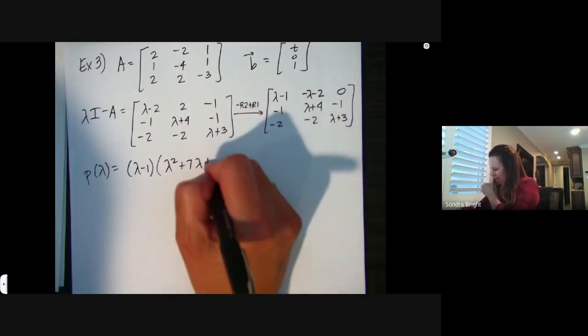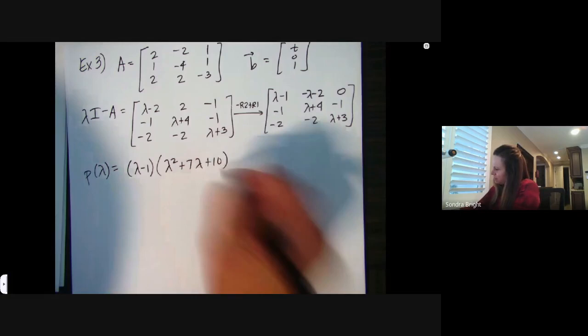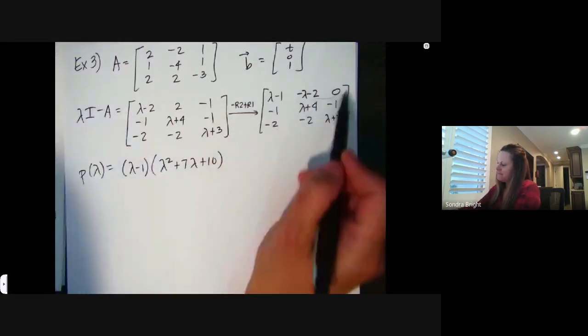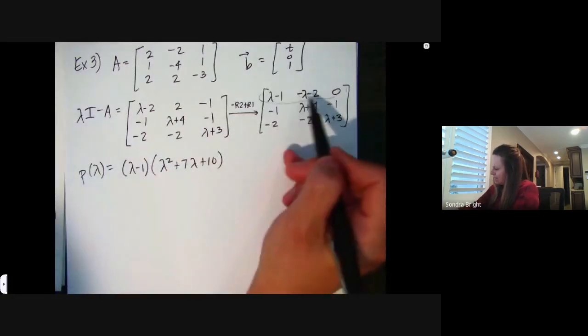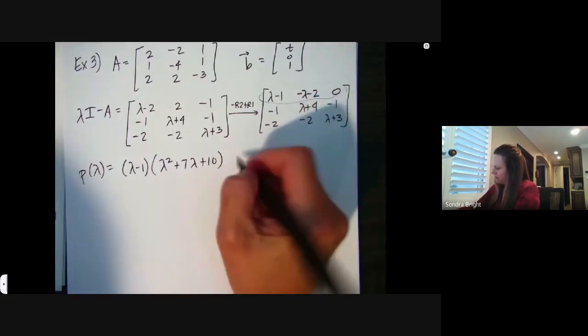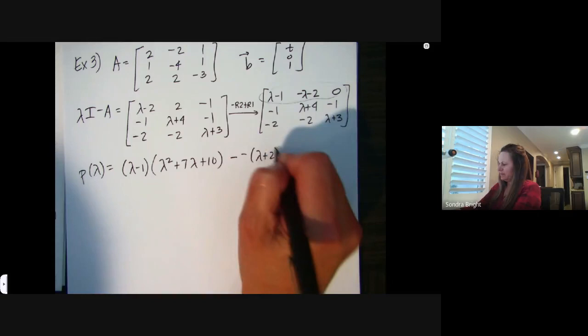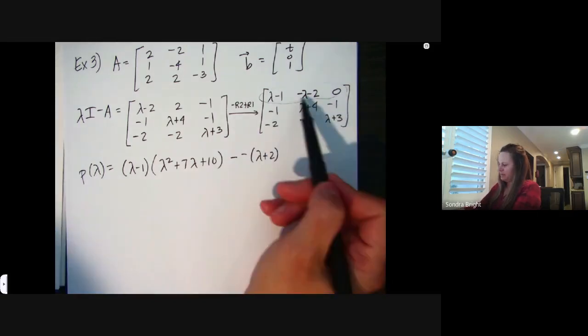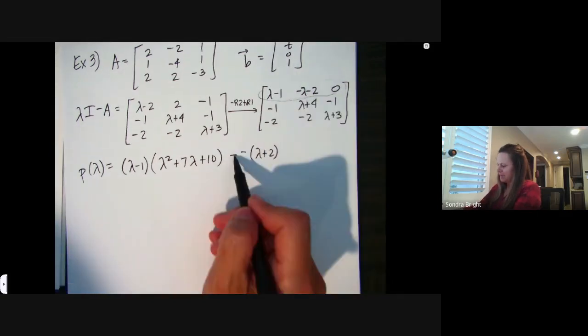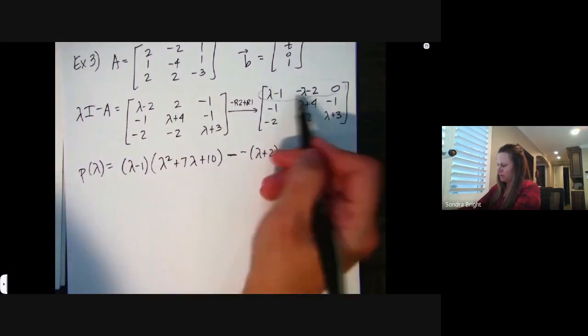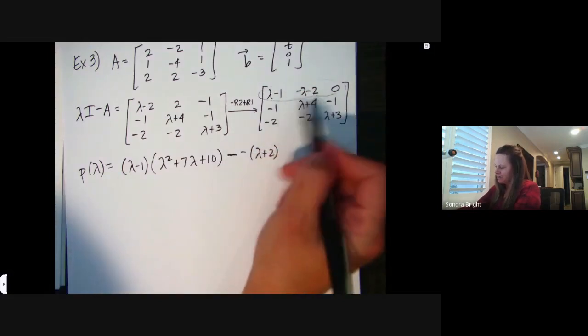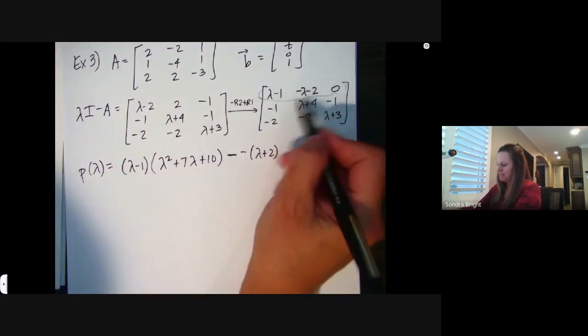Hopefully you're okay with that. And then, again, I'm using this row. It would be a negative of this guy. So it's a negative of, I can factor that out. Yeah? A negative of, you're doing the negative because it's in this row 1, column 2 guy, right? But then I factored out the negative there just to make my life easier.